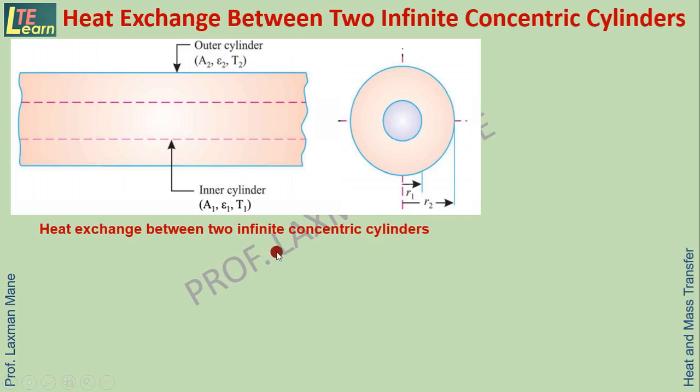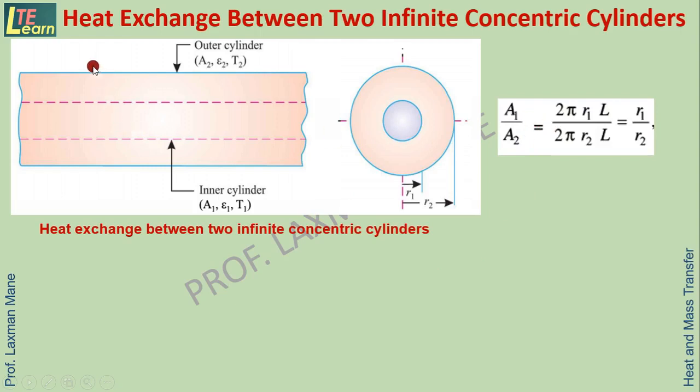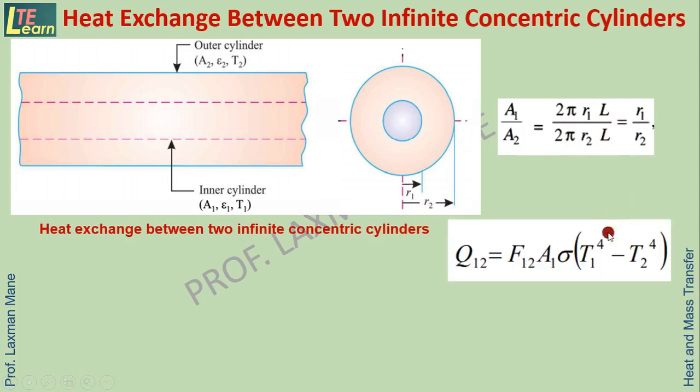Now heat exchange between these two infinite concentric cylinders can be written. For that, we need the surface areas. The inner cylinder surface area will be 2 pi R1 L, where L is the length of the cylinder. Similarly, for the outer cylinder the surface area is 2 pi R2 L. Now 2 pi and L are common terms and get cancelled. So we get A1 by A2 equal to R1 by R2.